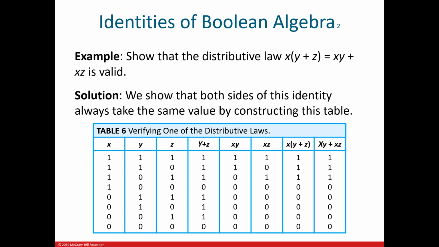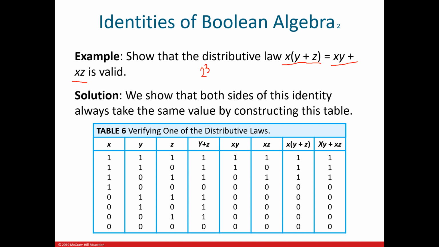And if we want to show the distributive law that we just discussed, that x product with y sum z equals xy sum xz, we can show that using a truth table. Since there are 3 different variables, we have 2 raised to 3, 8 different rows in this truth table.